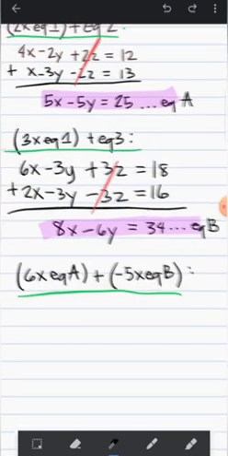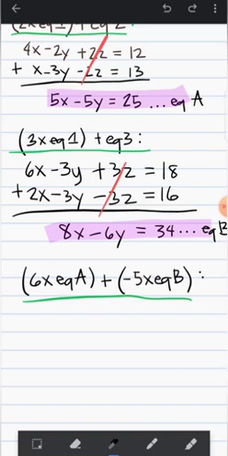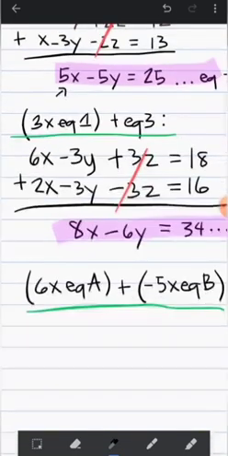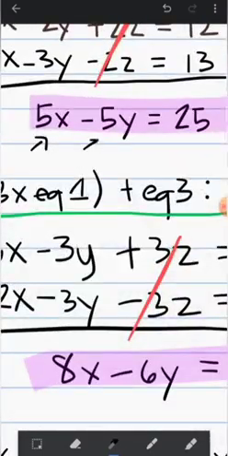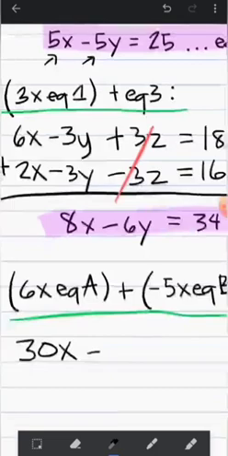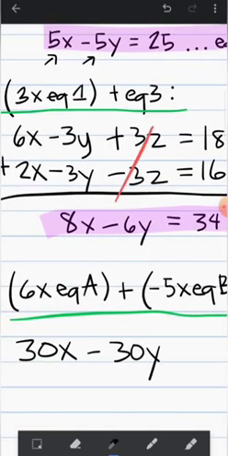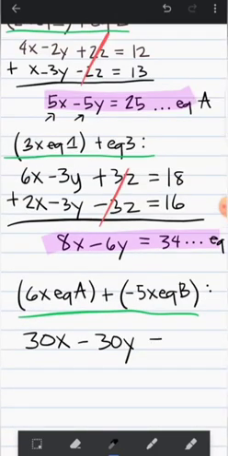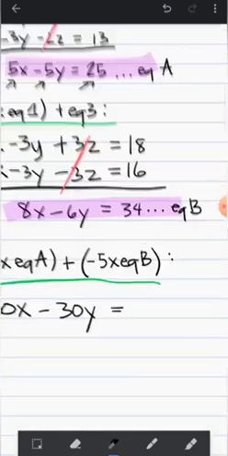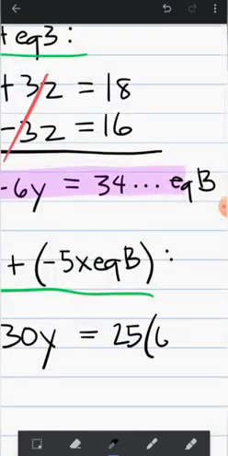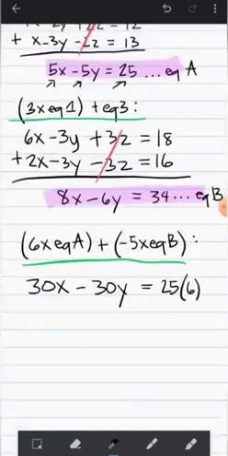So that's it. And by doing this, 6 times equation A will give us 6 times 5 is 30x, and then 6 times negative 5 is negative 30y, and that is equal to 6 times 25. Let's just write it, 25 times 6, and I think it is 150. Yeah, 150.